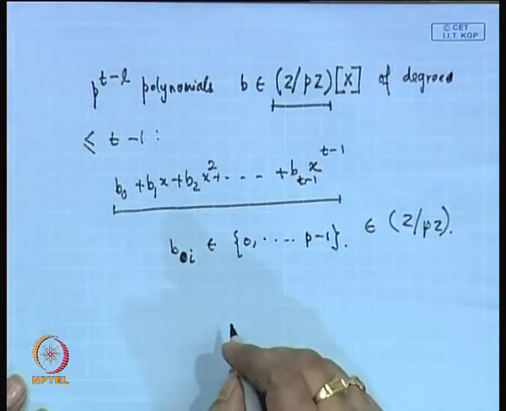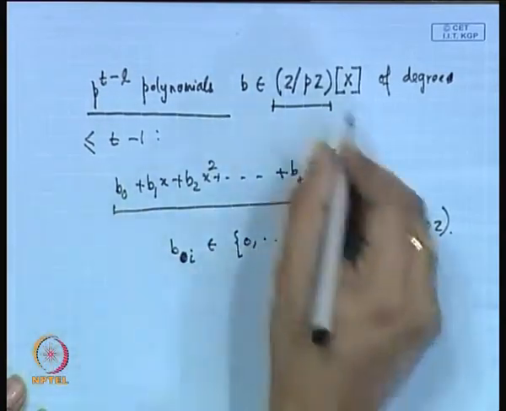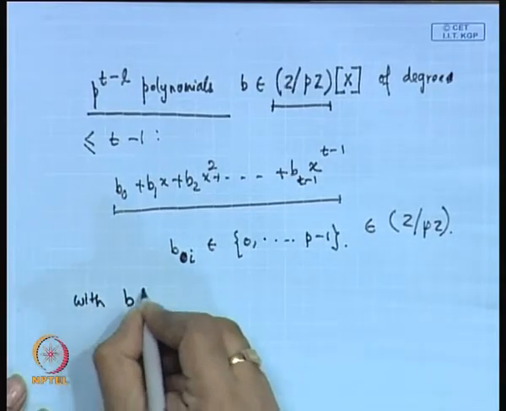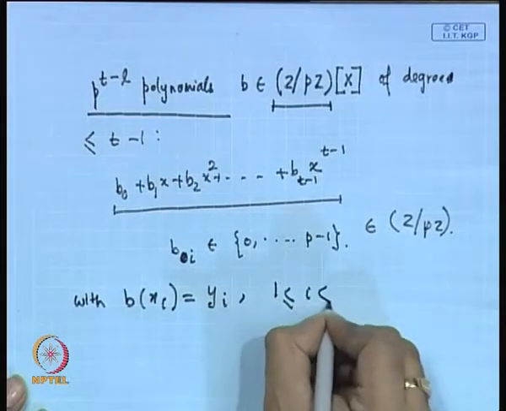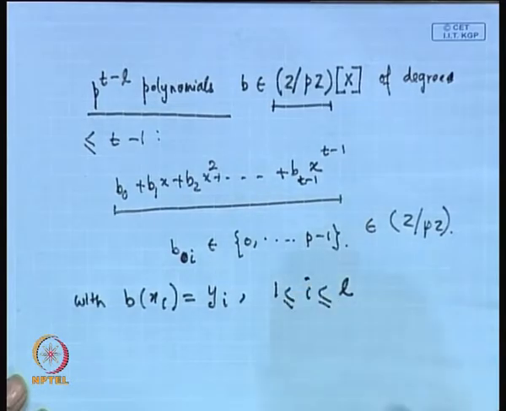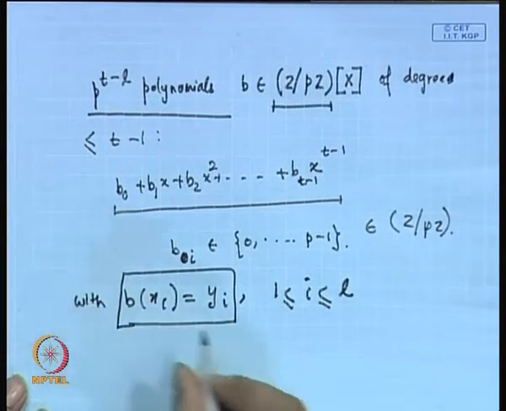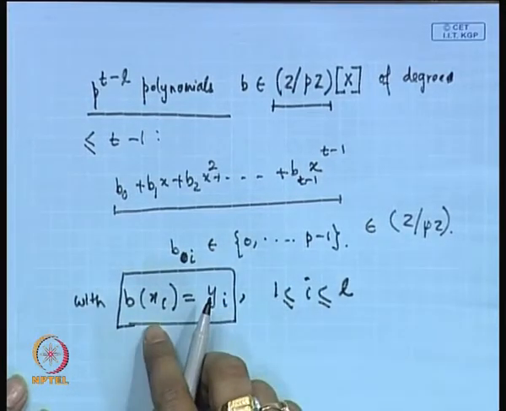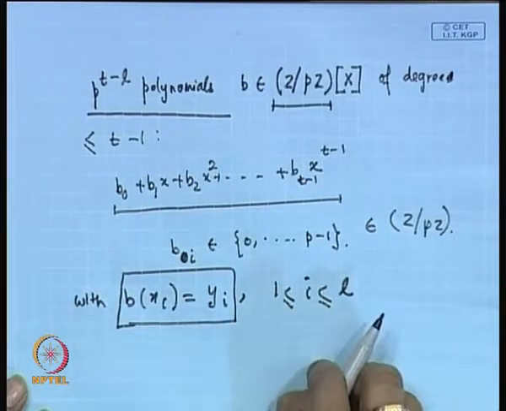And it says that there are exactly p to the power of t minus L polynomials with this degree, such that b of x_i is equal to y_i for all i varying from 1 to L. That means the polynomial satisfies this equation: if you take x1, x2 and so on till xL, then b of x1 is equal to y1, b of x2 is equal to y2 and so on till b of xL equal to yL, right.